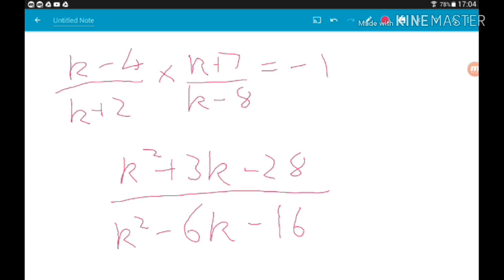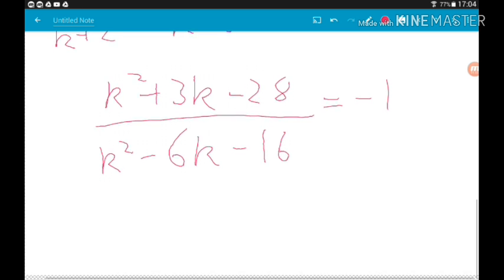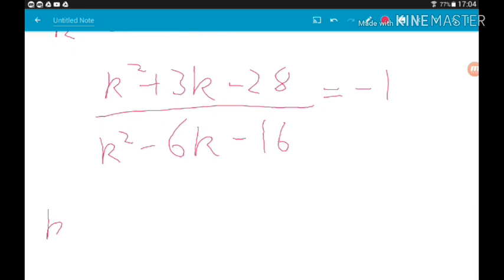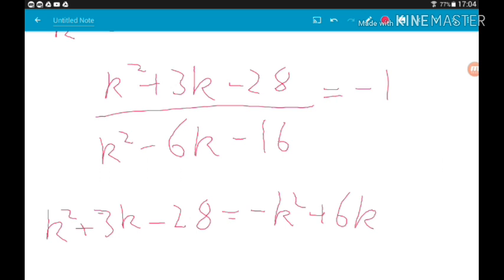We know that that is equal to minus 1. If we then multiply both sides by the bottom, we get k squared plus 3k minus 28 is equal to minus k squared plus 6k plus 16.